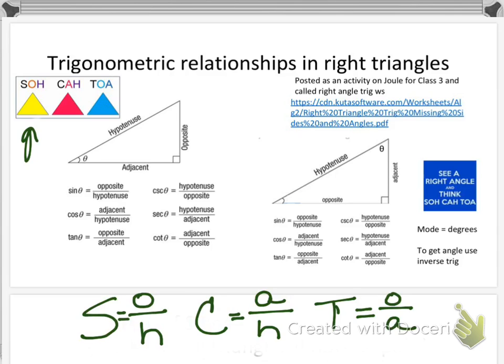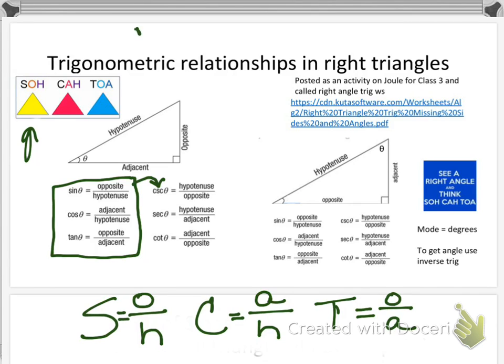There are actually 6 relationships. The sine, cosine, and tan, which we're going to really emphasize, and then there is cosecant, secant, and cotan. The reciprocal of sine is cosecant.